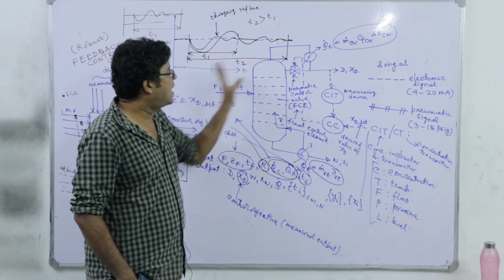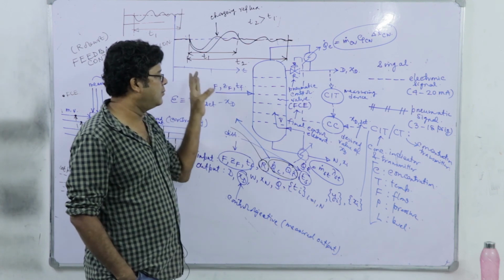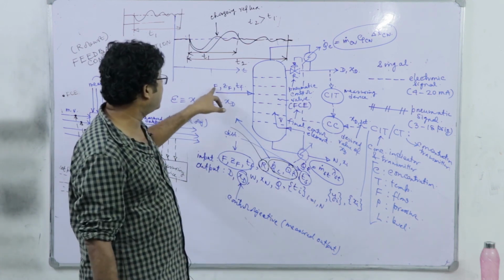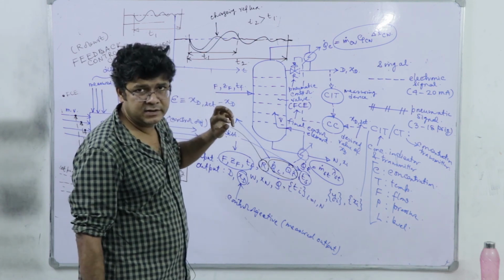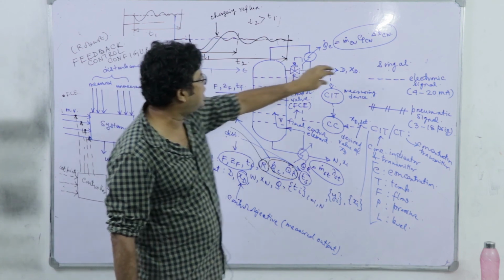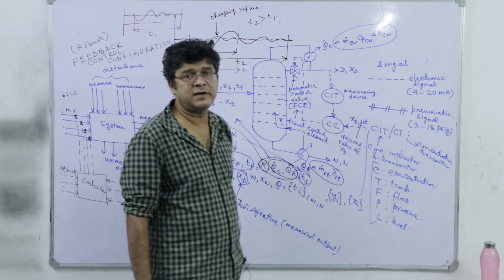Like I have checked the performance of the column, fitting it with the predecessor device, and we have identified that okay, it is the flow rate, right. The flow rate often deviates from its design value, and because of that XD deviates from its set point.